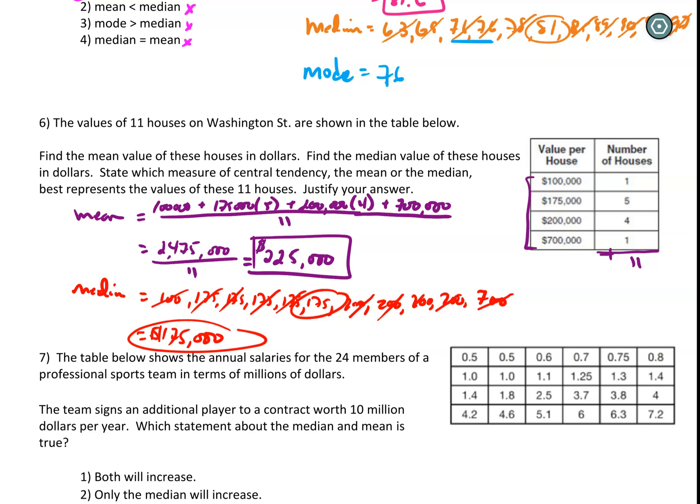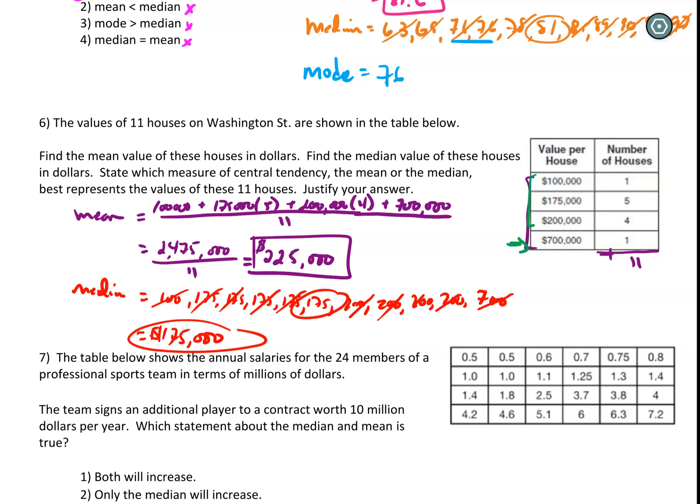The reason the average jumped up here is because of this one simple thing. You've got this one house which is an extreme in comparison to the rest in terms of its value. So the average here gets skewed a little bit, bumped up higher than most of the other ones. Because look at them.